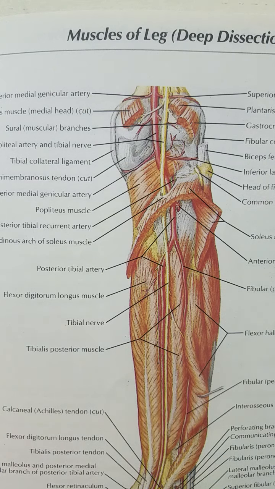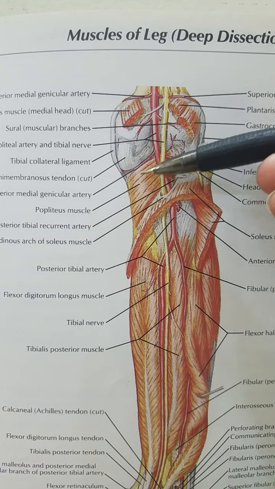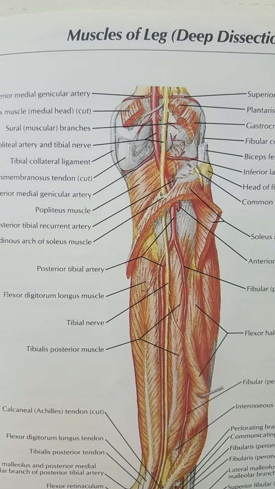So the posterior cruciate ligament, in addition to the popliteus, prevents the sliding of the femur on the articular surface of the tibia. Deep to this popliteus muscle, there is the popliteal bursa, and the popliteus muscle is supplied by the tibial nerve.